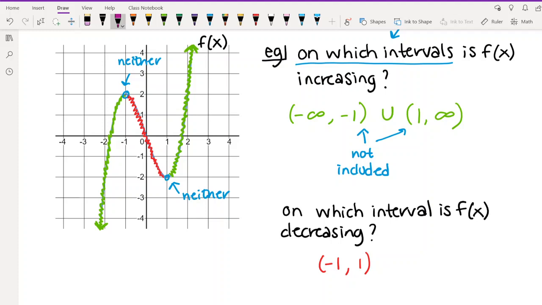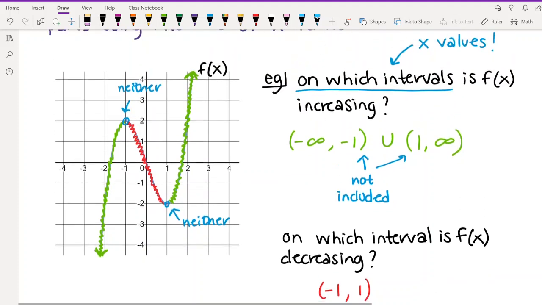So similarly, like in the last video, when we were solving inequalities, or if someone asks you for which values is f of x equal to 5, your answer is going to be an x value. So usually when you're being asked where or when something happens, your answers are x values. And that's really what you can think of on which intervals as meaning. It's kind of saying where or when is this function increasing.